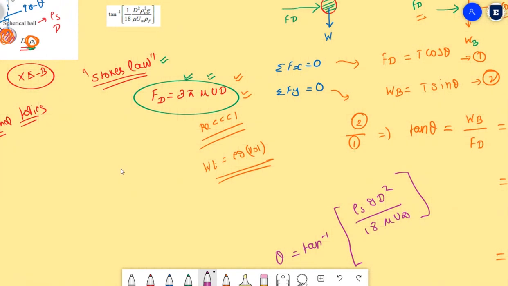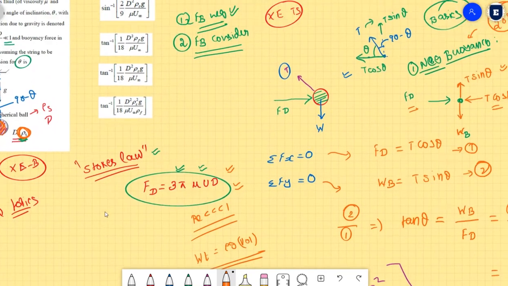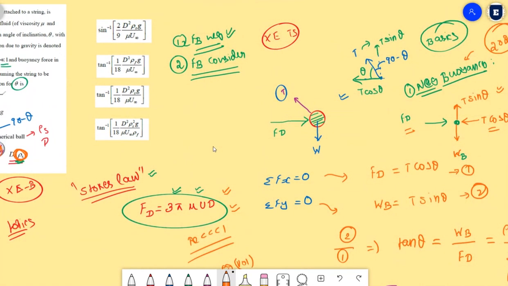You need to take rho s only. That is very important. See, a few students will take rho f and do the calculation with rho f. But in some urgency in answering the question, go and check the options. Out of 4 options, this option has rho f.